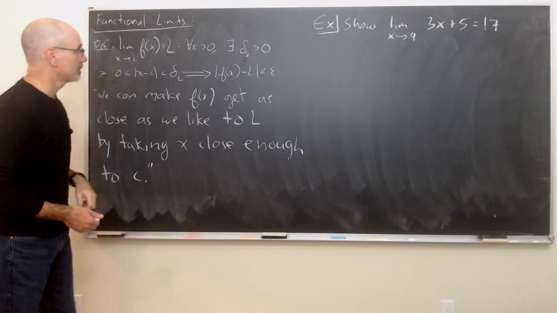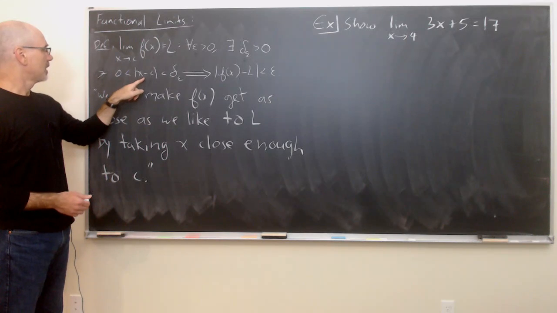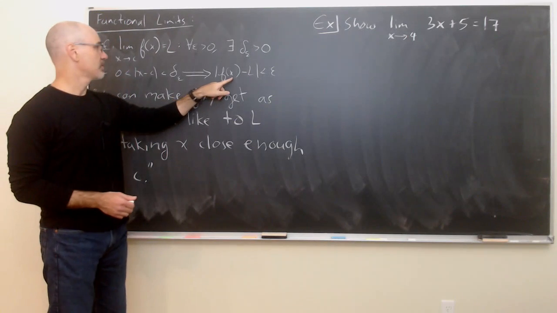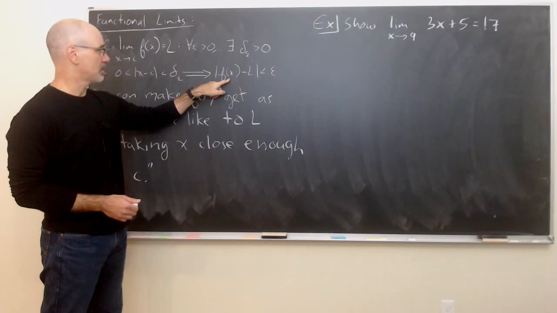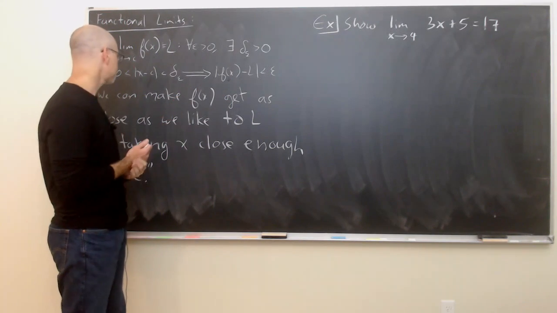That's also a positive real number, so that if I am within delta of c, then I know that my function values are closer than epsilon to the target L.